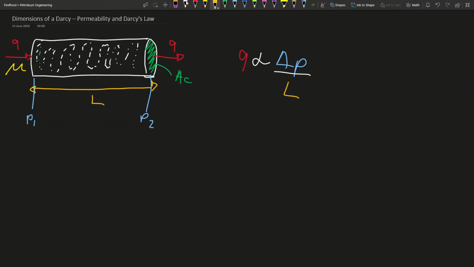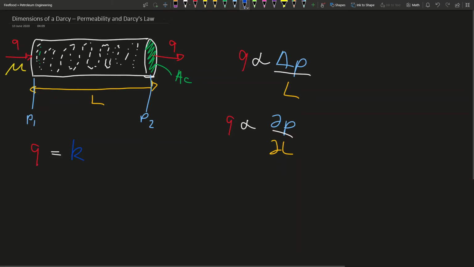Okay, so this can also be rewritten as follows. Q is proportional to ∂P over ∂L. Alright, so later this equation was generalized to be in this form, where Q is equal to some permeability K. So since permeability is the unit that we don't know, let's give it the dark blue.